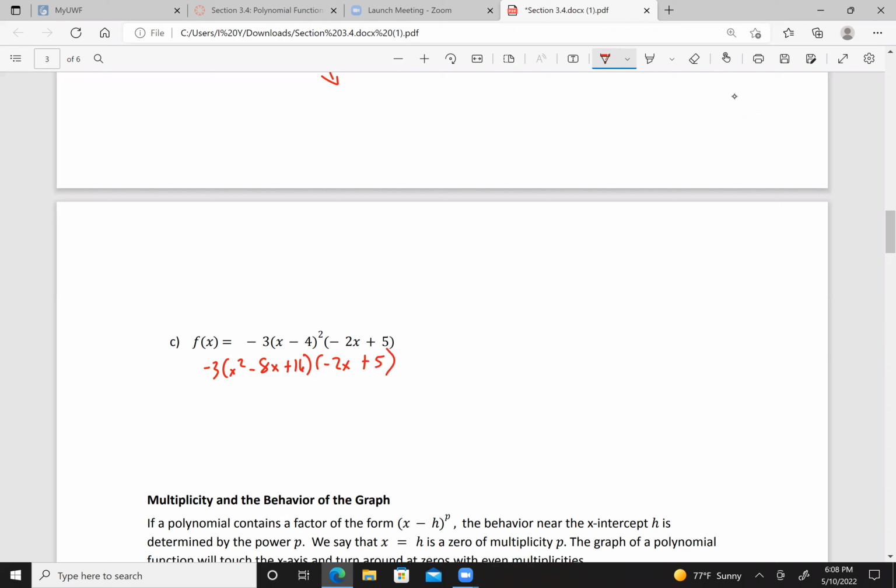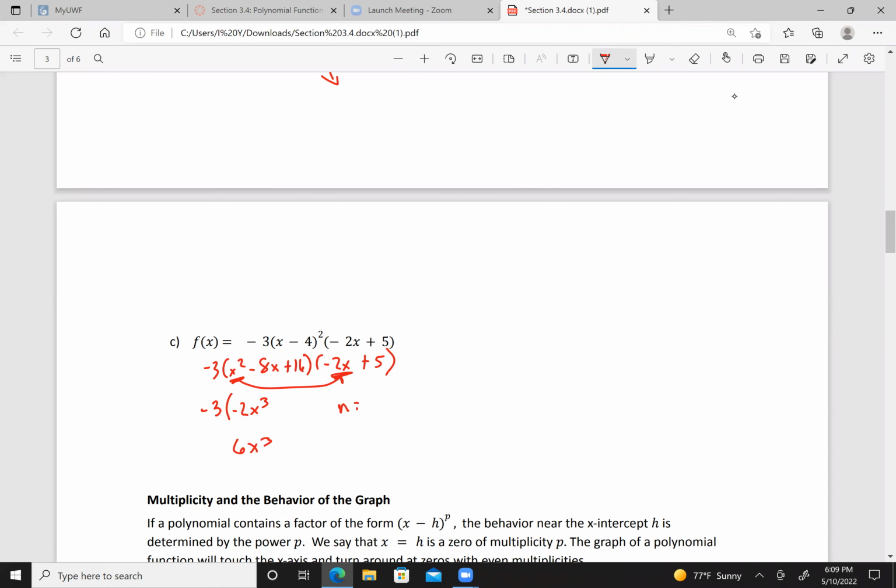Okay. So really all we need is the highest degree term, which is going to be the third degree term that we get here. So we can stop at this because none of the other multiplications are going to give us anything higher than x to the third. So this is the leading term, and we get 6x to the third.